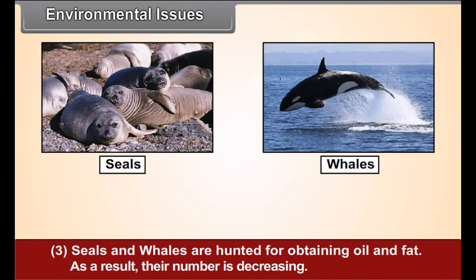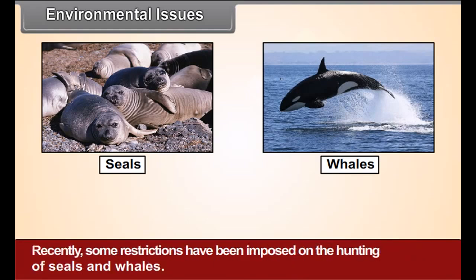The number of typical animals like penguin, walrus, seal, etc. is decreasing due to climatic change. Number 3. Seals and whales are hunted for obtaining oil and fat. As a result, their number is decreasing. Recently, some restrictions have been imposed on the hunting of seals and whales.